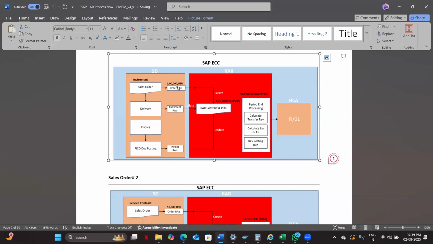We call it revenue accounting item. In the revenue accounting item, they generate order RAI, fulfillment RAI, and invoice RAI, three types. We call them SD01, SD02, SD03.